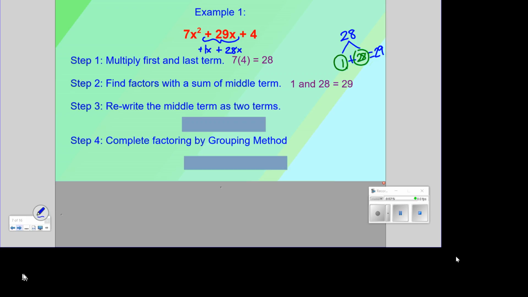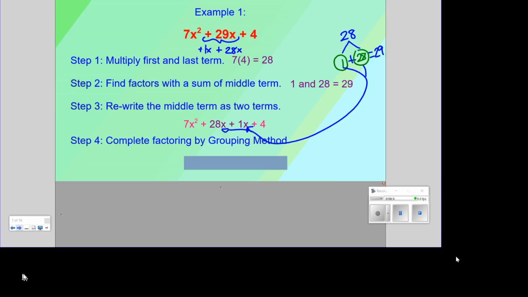And then have the plus 4. So we break apart our middle term into the two factors we found. So at this step, we're just writing this polynomial a new way. We're not changing the value of anything here because 28x plus 1x would combine to be 29x.